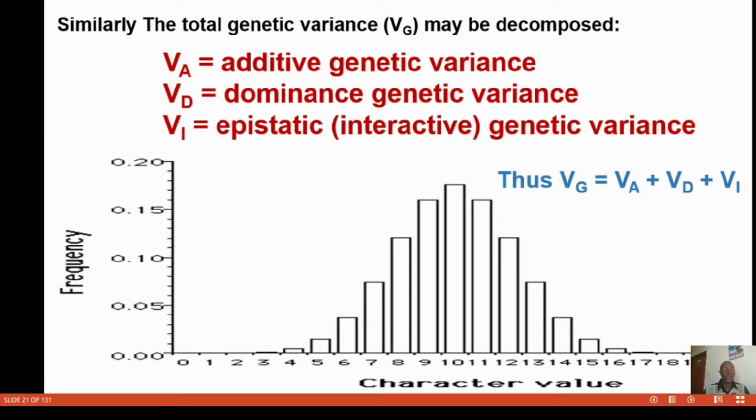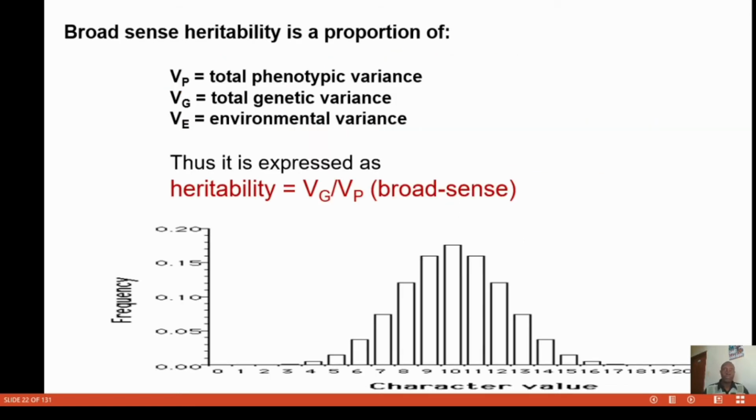When it is total, it is large. With these decomposed variances, then we can go to talk about heritability by two categories.